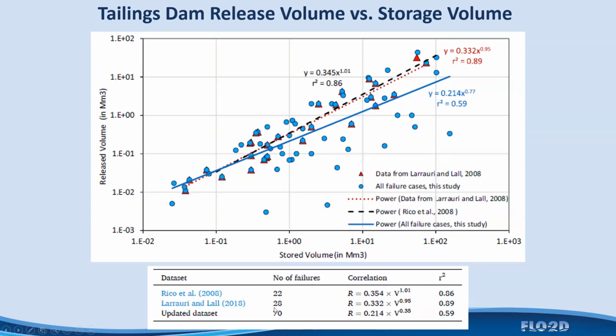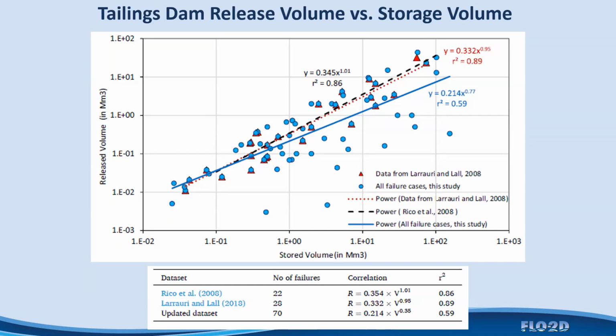Laruri and Lowell used 28 failures, but this paper in particular extended the number of failures to 70 and provides some new correlations based on that extended database of tailings dam failures. So it's pretty good work, what you can see in this paper.